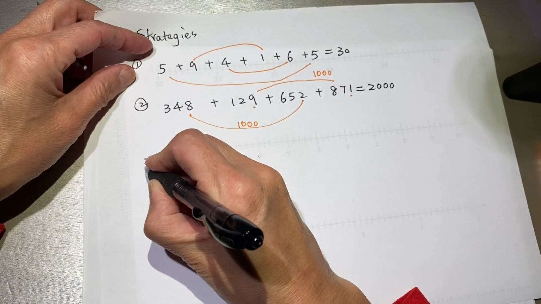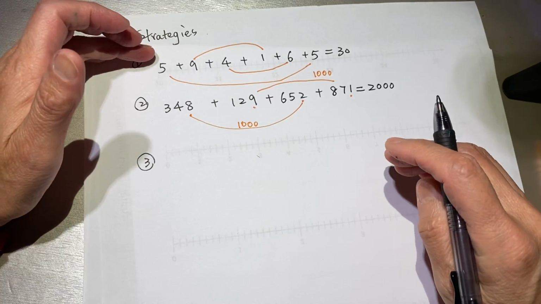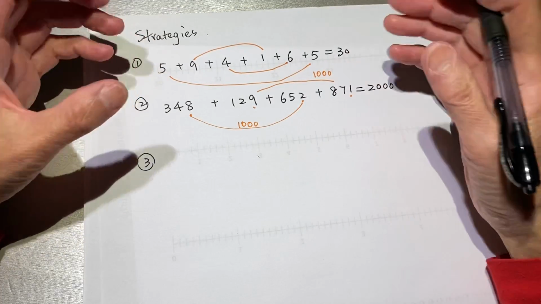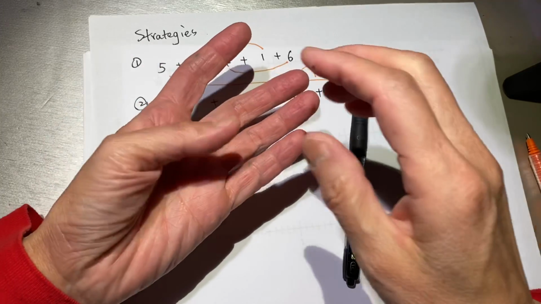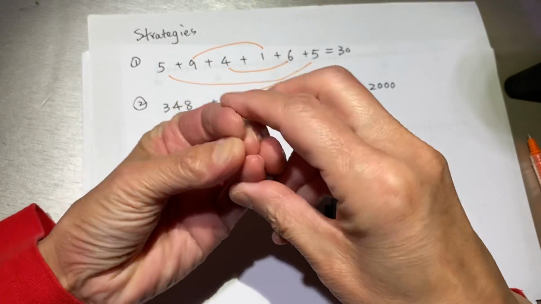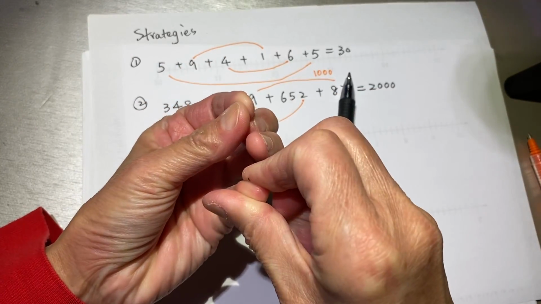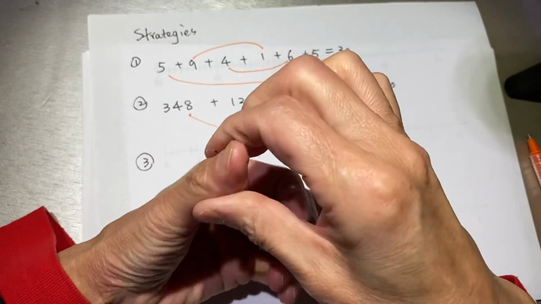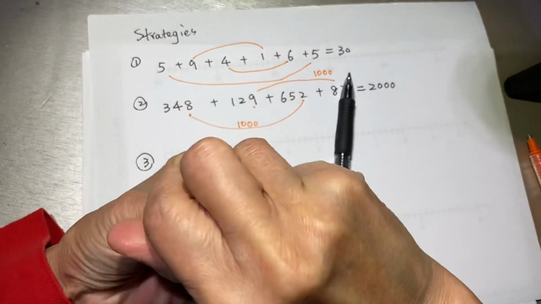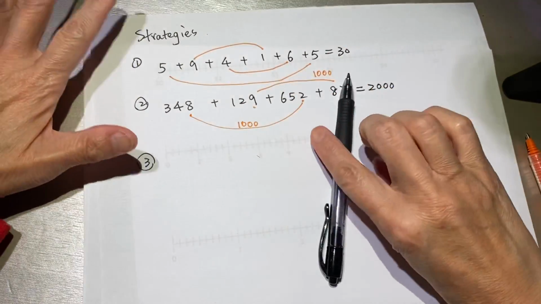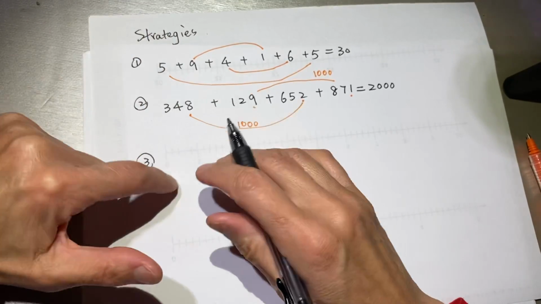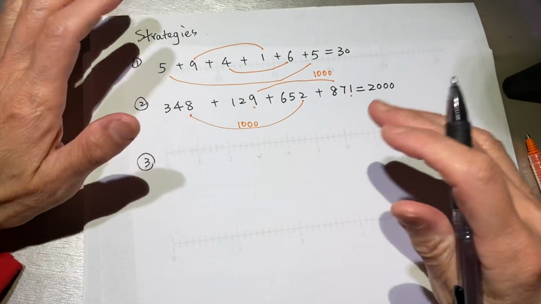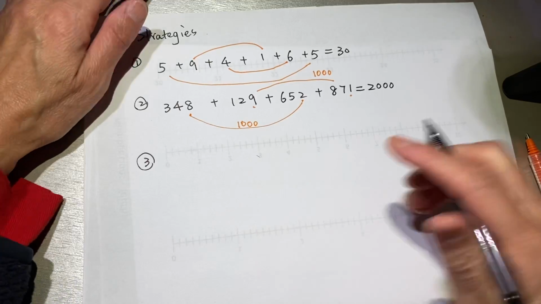Okay, question number 3. In addition, finding the sum, you add up all the figures together. You can take this one first, or this one first, or whichever order, not a problem. Same as multiplication, you can do whichever one first.